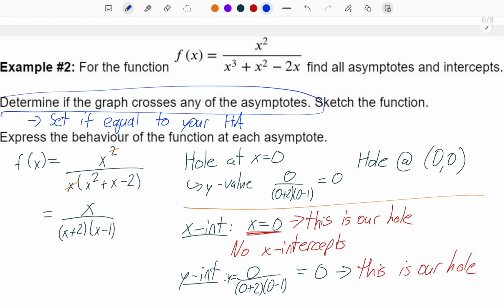And if we're setting our function equal to 0, that is actually what we did to find the x-intercepts, because the x-intercept is when it crosses y equal to 0. So in this case, it's the same as the x-intercepts. However, if you had a different value for a horizontal asymptote, you would just set your equation equal to that value of the asymptote.